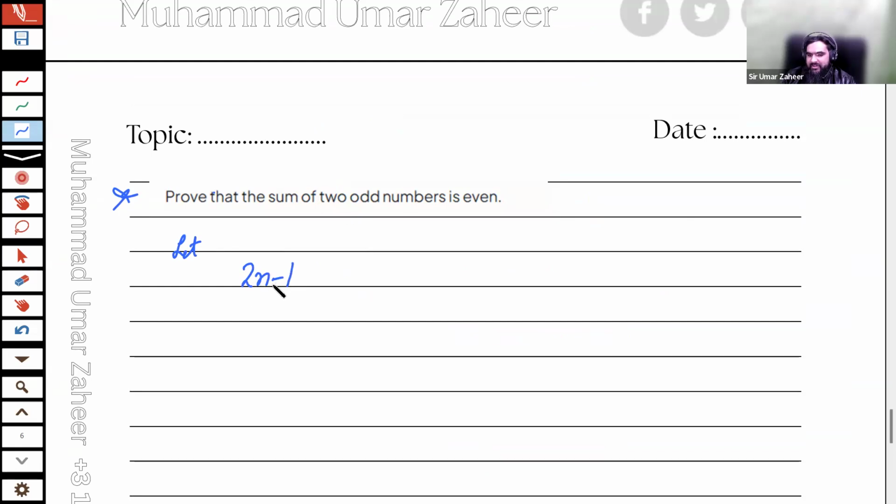One number I will take 2n minus 1 and the other 2q minus 1. Obviously, here n and q belong to positive integers or natural numbers.